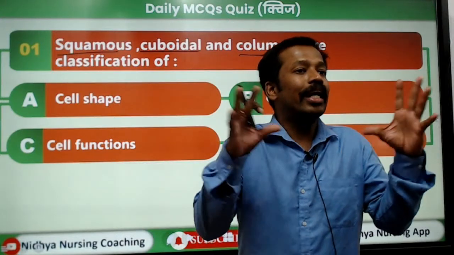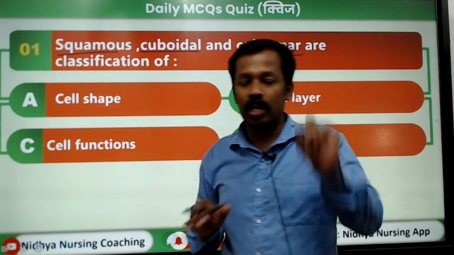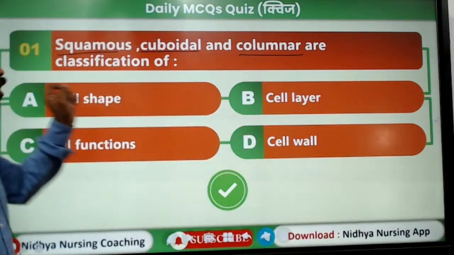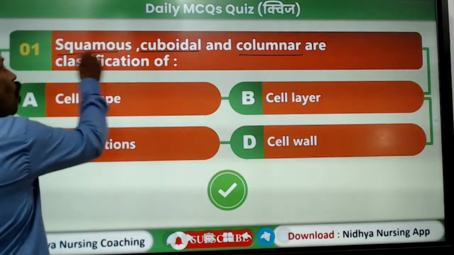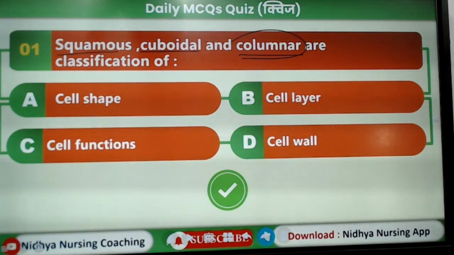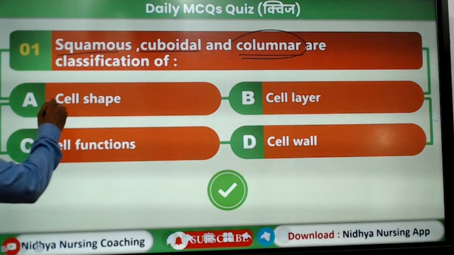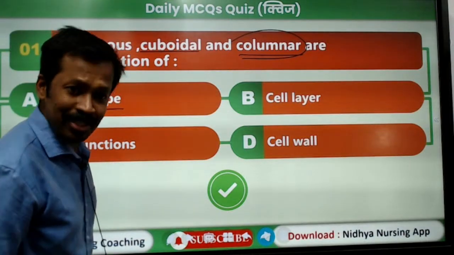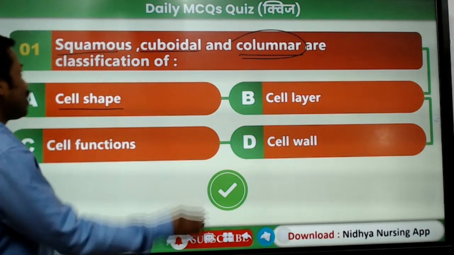So there are different classifications for cells. In that, on the basis of which characteristics are squamous, cuboidal or columnar classified? Is it based on cell shape? Then what is the shape of squamous?